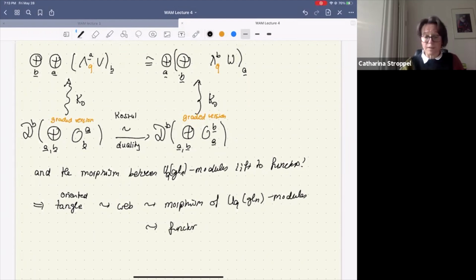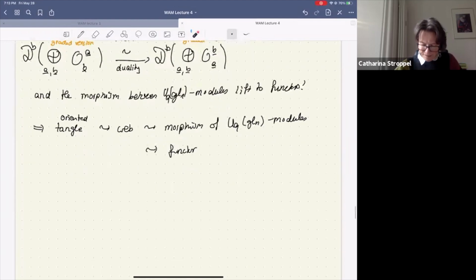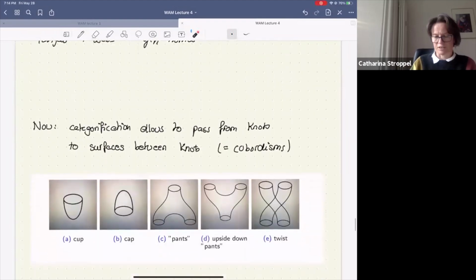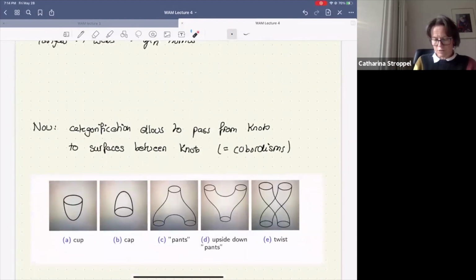And so why is this better than having webs? So let me show you a picture. Assume I have assigned something to a knot, for instance, to this one here, or to this one, or to these ones, which is a functor. Then you might ask the question, can we assign something which corresponds to this cobordism?